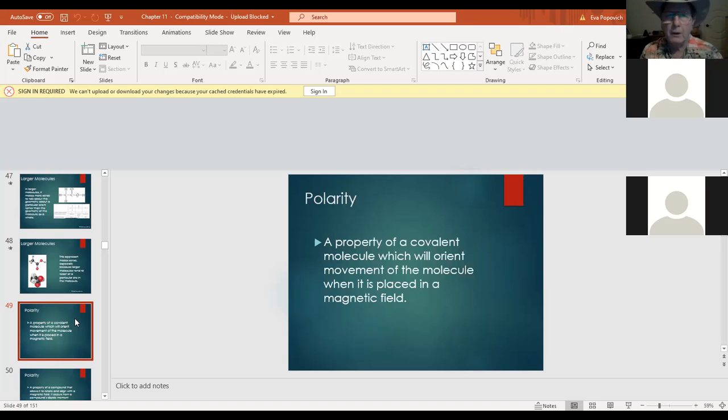Okay? Now, we can use that concept to define the polarity of the entire molecule.